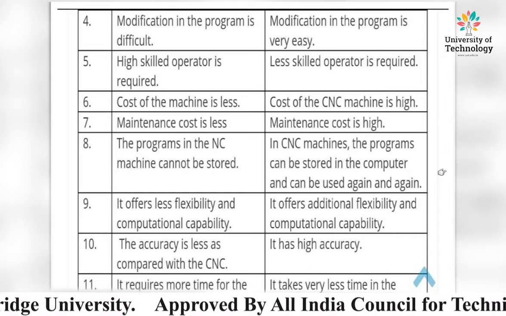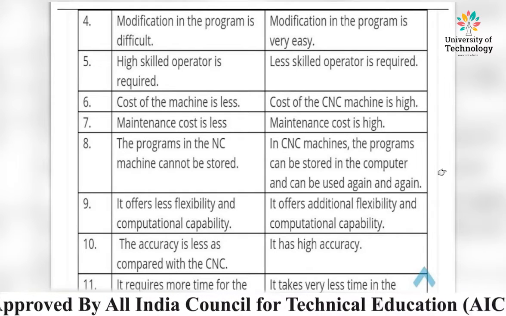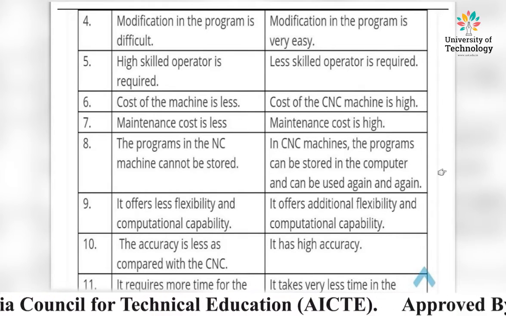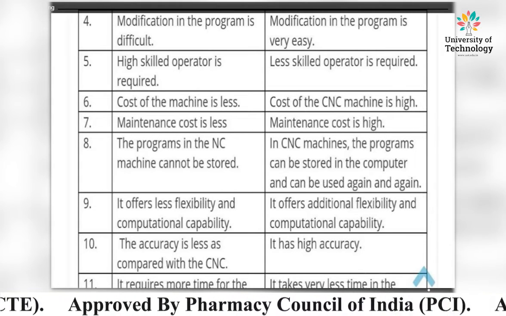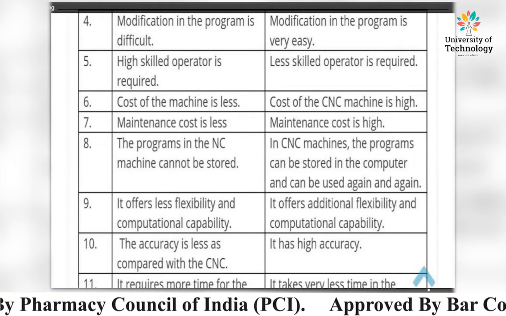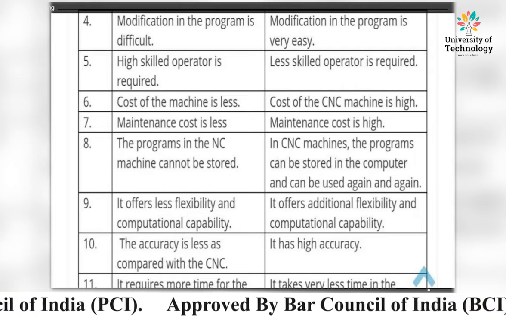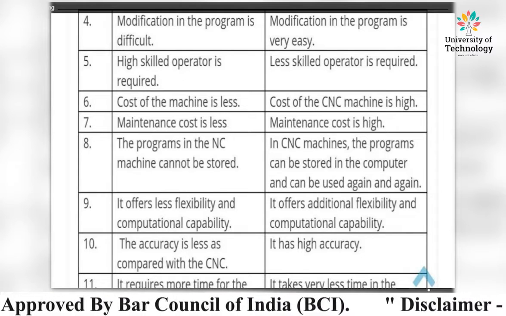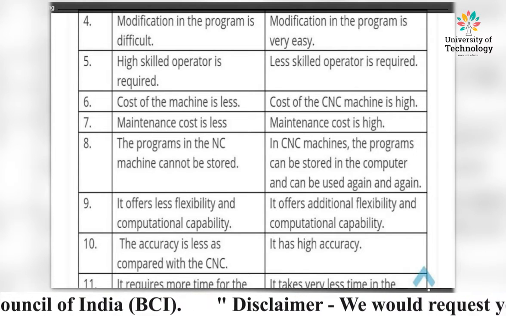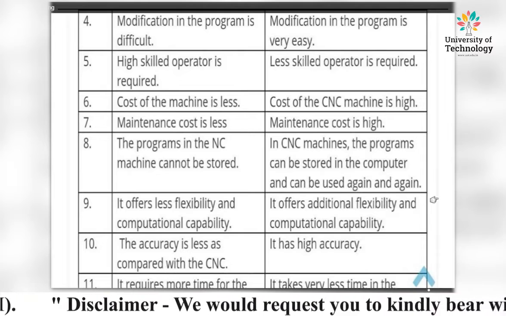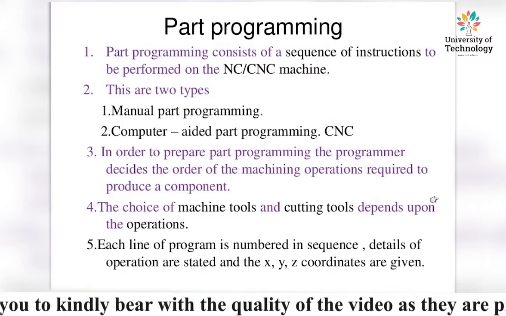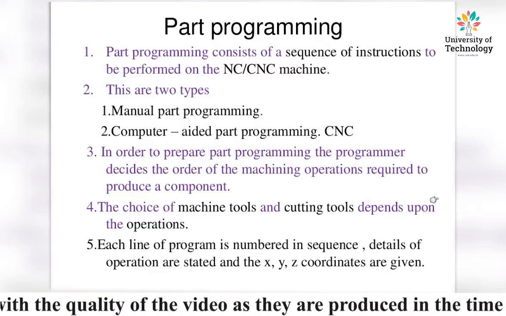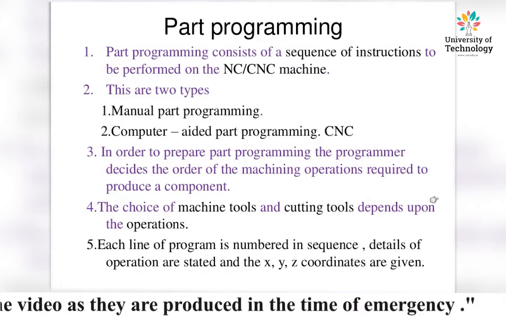NC systems require more execution time, and CNC systems take very little time. These are the basic differences between NC machines and CNC machines.